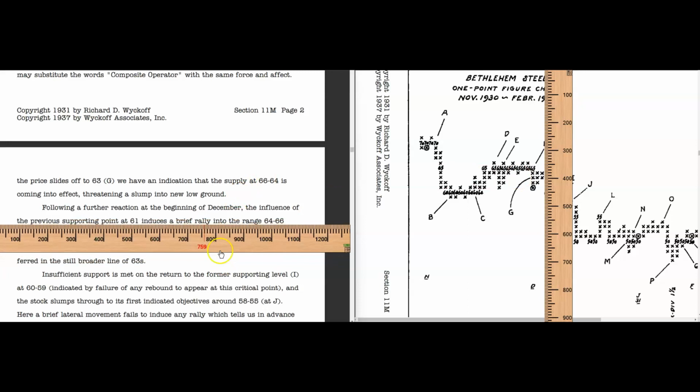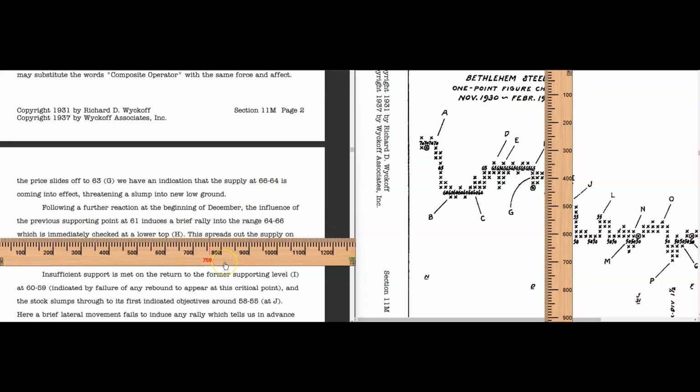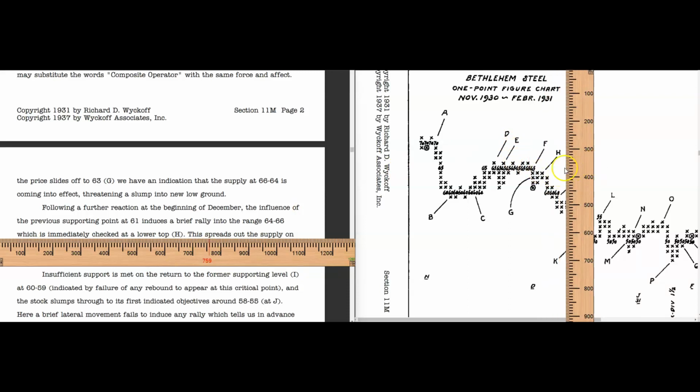The influence of the previous support at 61 induces, this is a very important word, by the way, I'll explain all that later, induces a brief rally into the range of 64 to 66, which is immediately checked at the lower top at H, right there, lower high.